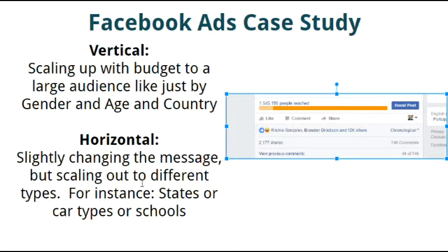It just depends on the campaign that you're running, but that's the beauty of horizontal scaling: you can custom tailor your message for that specific audience. You have to be careful when you're doing this though, because Facebook doesn't necessarily like you calling out somebody, so you have to get kind of creative with how you say your message when you go horizontal.